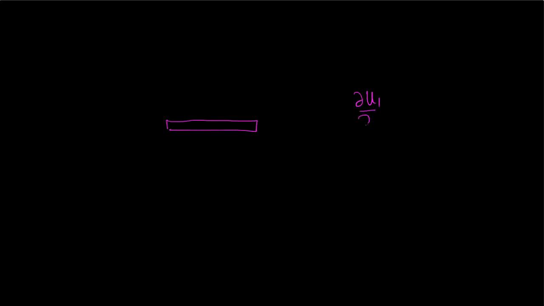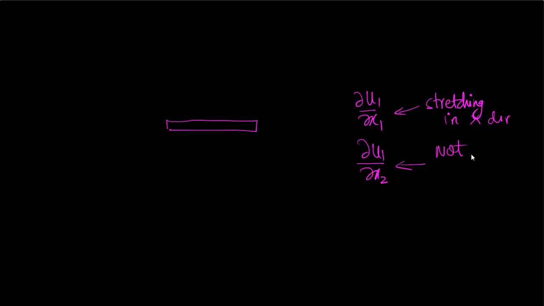Let us look at the physical meaning of this once again. del u1 del x1 is responsible for stretching in x direction. Why is del u1 del x2 not responsible for stretching in x direction? Because del u1 del x2 represents this particular gradient. So if I have a fluid element like this, then del u1 del x2 is sort of responsible for making this fluid element go something like this.